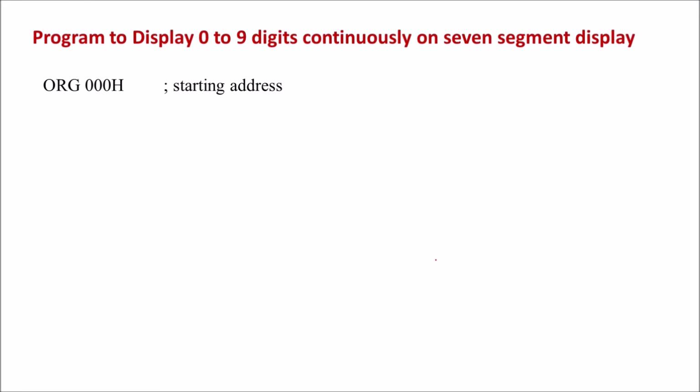We'll repeat this step for all 10 digits, and again repeat the whole program continuously. Now we'll write this program from the starting address 000H. You can change this address also. For that, the org assembler directive is used, which will store this program at address 000H.